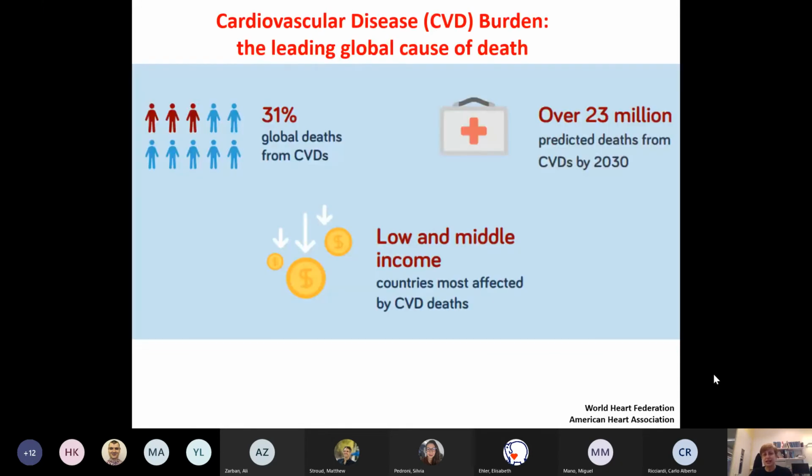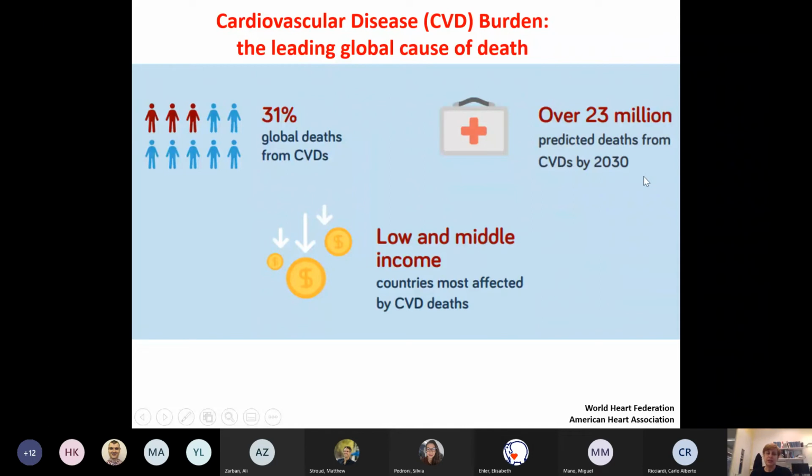And the sad reality is that cardiovascular disease is the leading global cause of death. 3 out of 10 deaths globally are due to cardiovascular diseases. And the number is thought to reach 23 million by 2030.